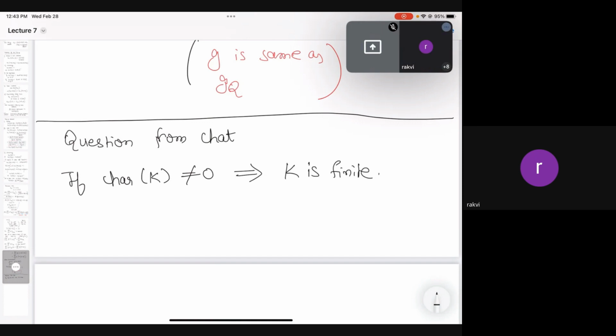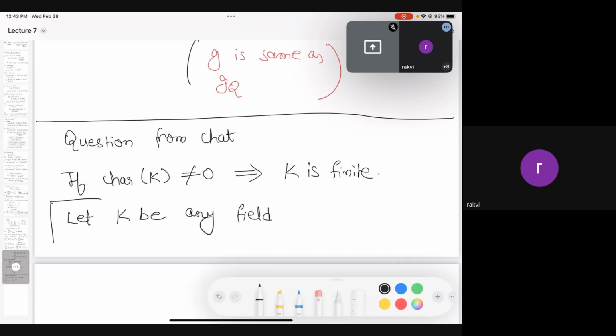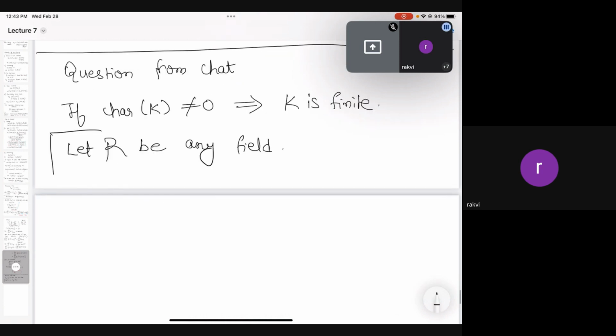Okay, so remember how we define characteristic. Let me choose a different word because K is in the question. Let capital R be any field in the universe. There are only two situations.